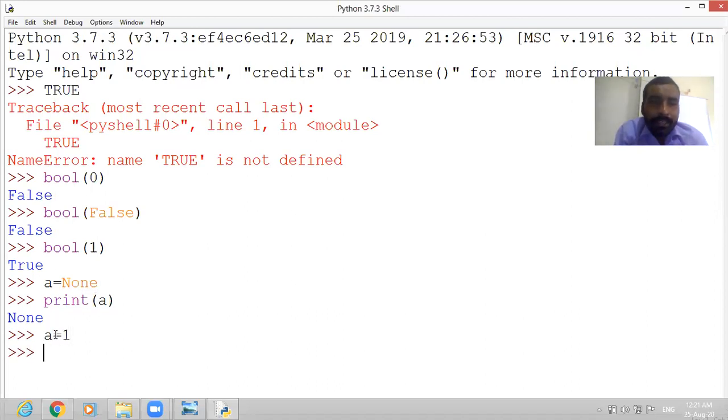Then you write bool of A. A is a variable, but the value assigned to A is a constant. Understood? Have you understood? Yes, sir.